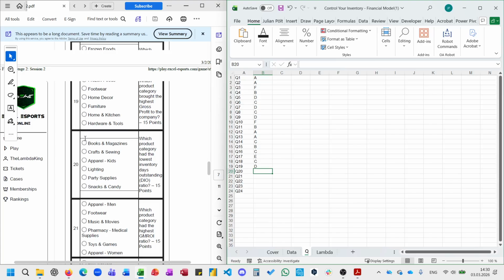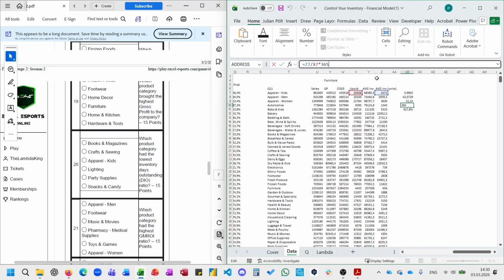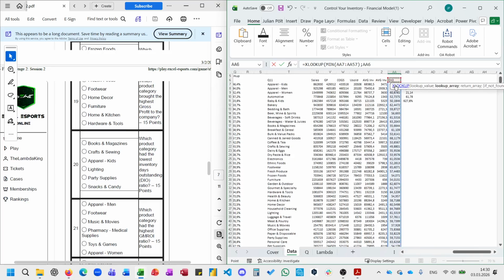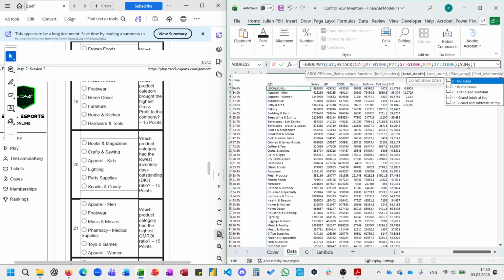Question 20. Which product category had the lowest inventory days outstanding ratio? So here, this is our DIO, and we track this down, DIO, and then make XLOOKUP for min of DIO. No, you know what I do here? No totals.